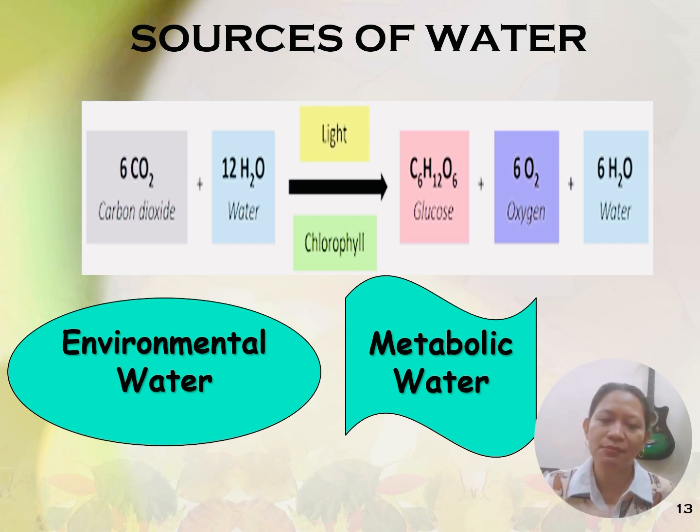We have to cancel the 6 water as end product against 6 water in the raw materials. So only 6 water will remain, giving us the equation 6 carbon dioxide plus 6 water, with light energy, will produce glucose and 6 oxygen gas.